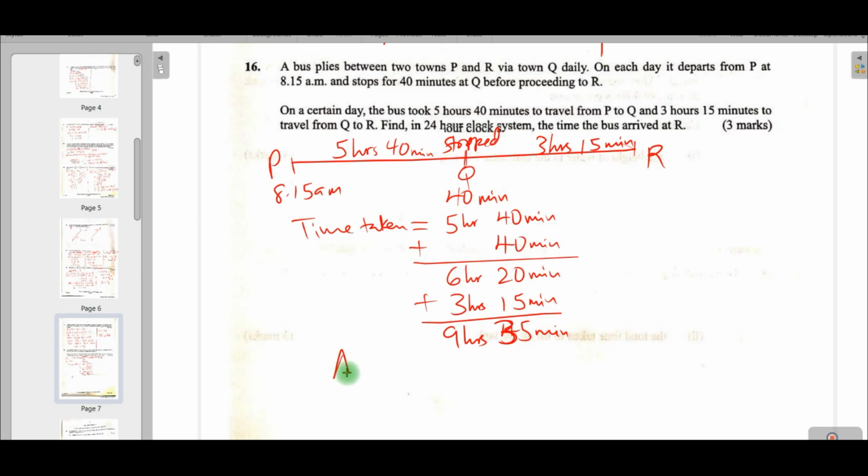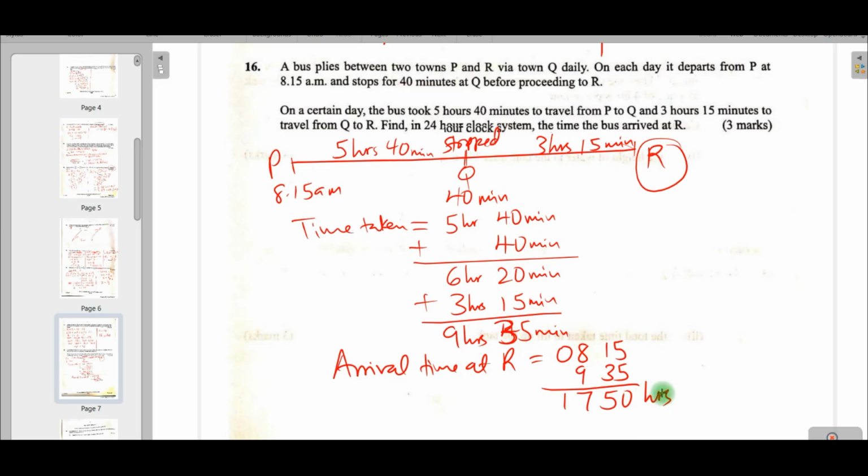So the arrival time, we need to find in 24-hour clock system, the time the bus arrived at point R. So the arrival time at R will be, so we had 08:15, so we add 9:35, so 15 plus 35, that is 50, and then we have 8 plus 9, that is 17, and that is 1750 hours.